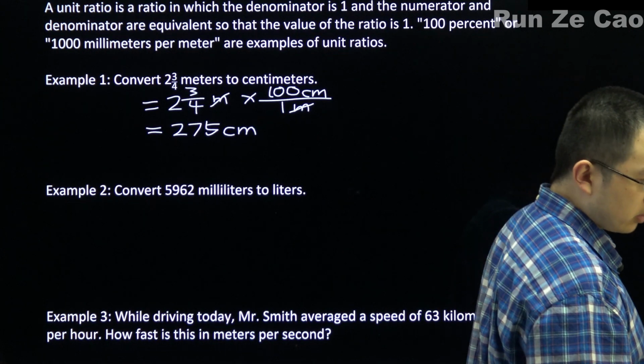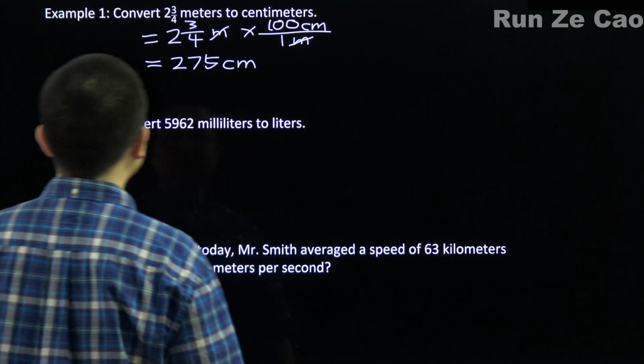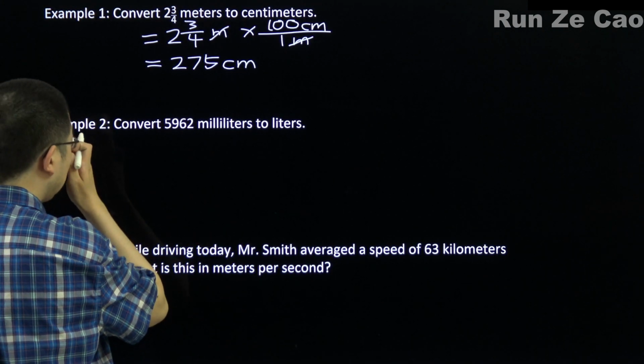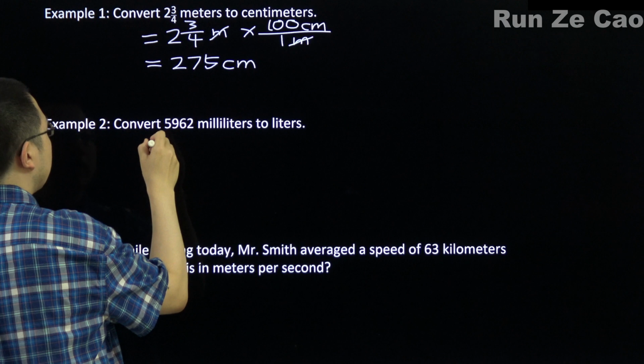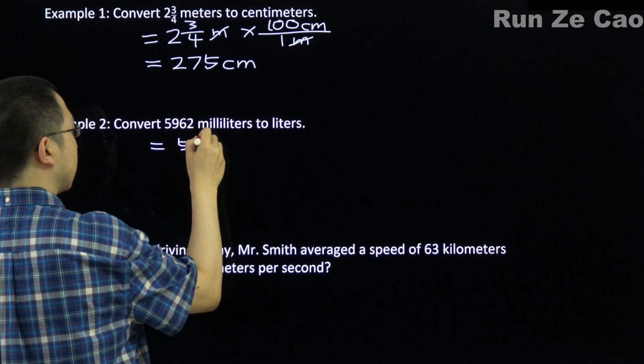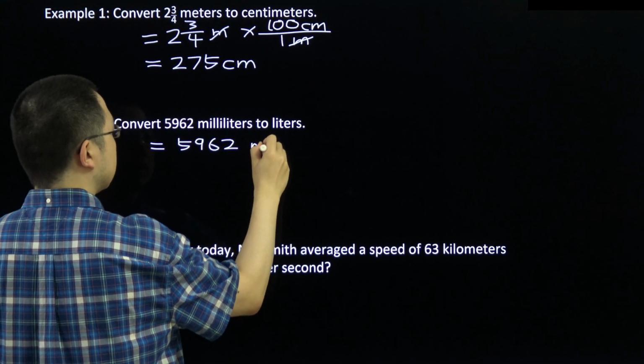Example 2. Convert 5962 milliliters to liters. Well, that's going to be 5962 milliliters.